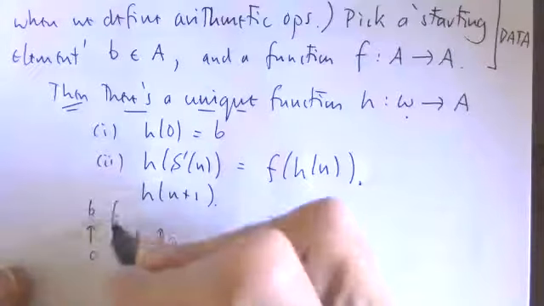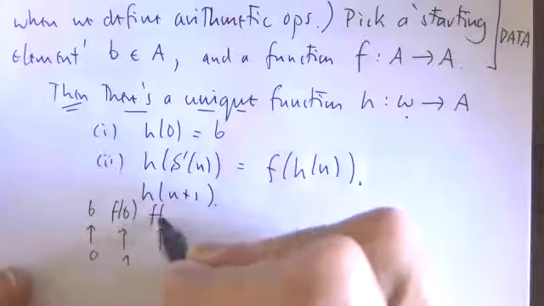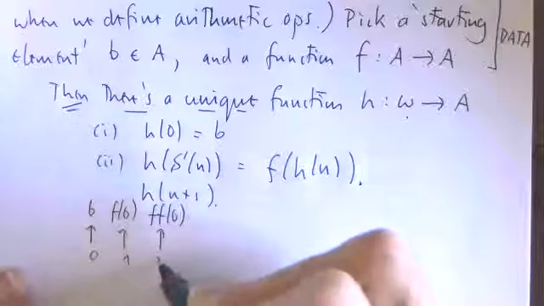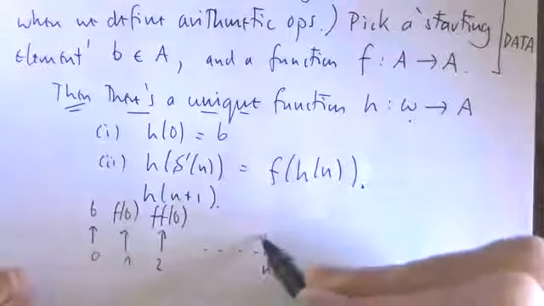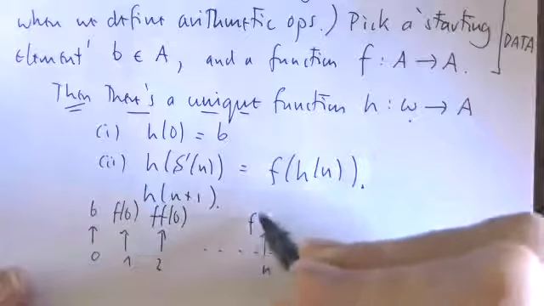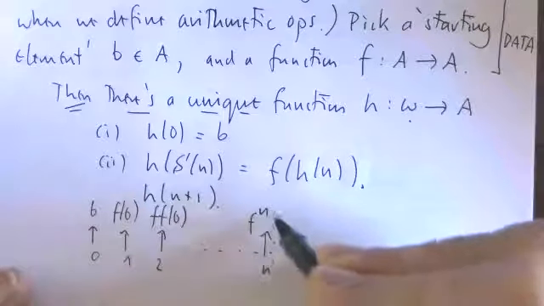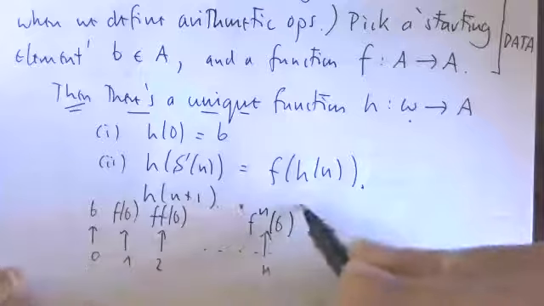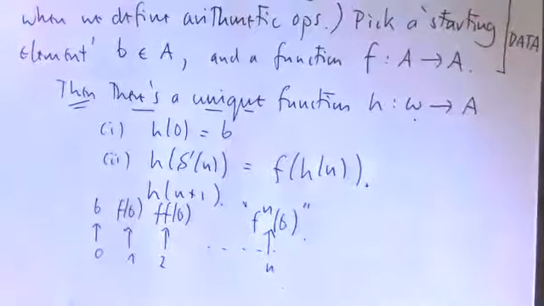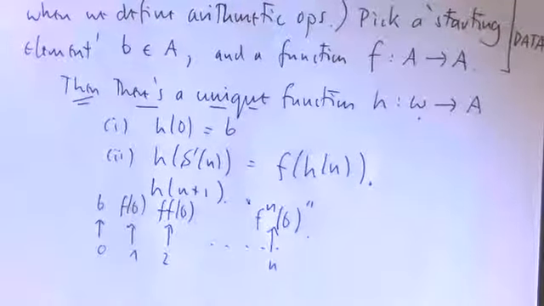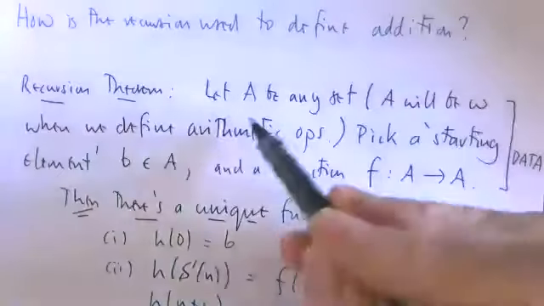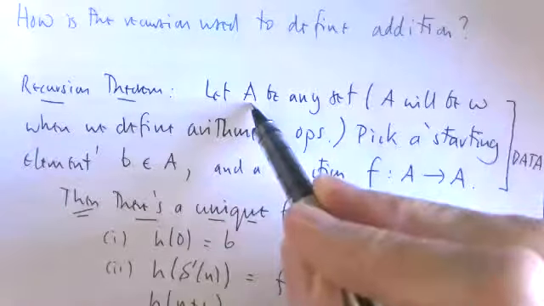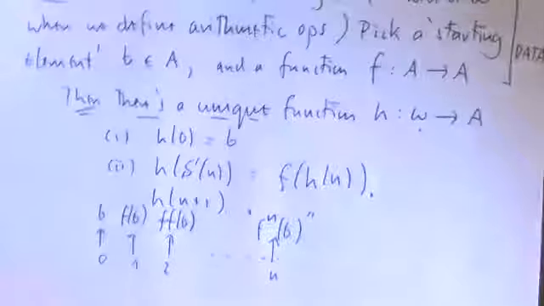We start out with b, and we look at f of b, and so on. At the nth stage here, we apply f, as it were, n times. So to get addition, we start with A as omega.